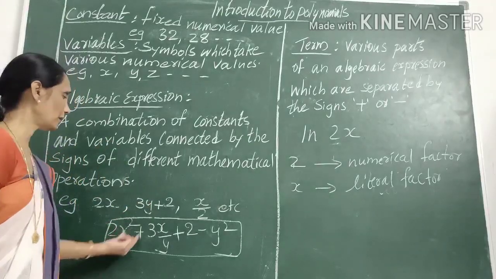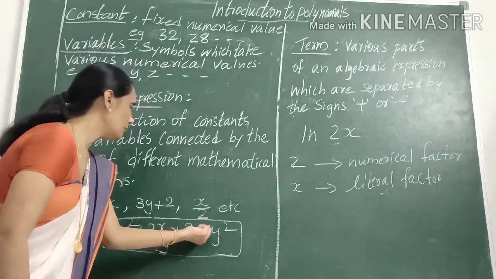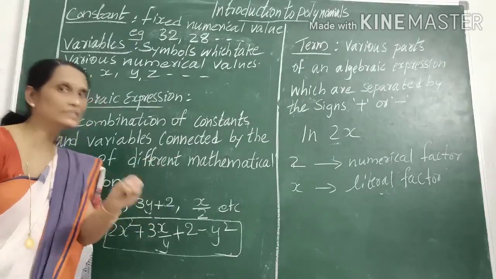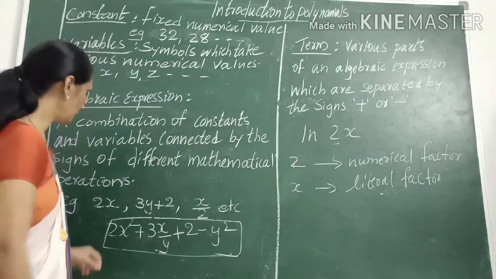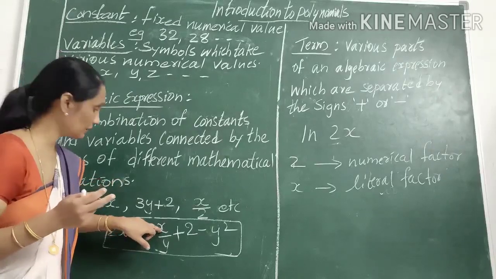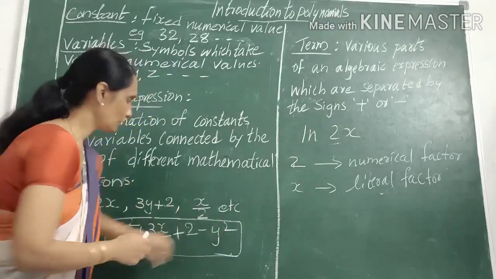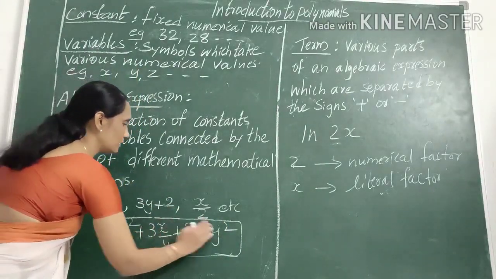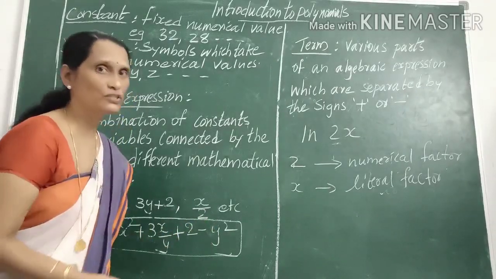See here. How many terms are there? You have to look at the minus sign and the plus sign. So how many terms are connected by the plus symbol and minus symbol? Yes, 2x square is 1. Next, 3x by y, this is one term. Another term, this is another term. So in total there are 4 terms: 1, 2, 3, 4. How can you count the number of terms?